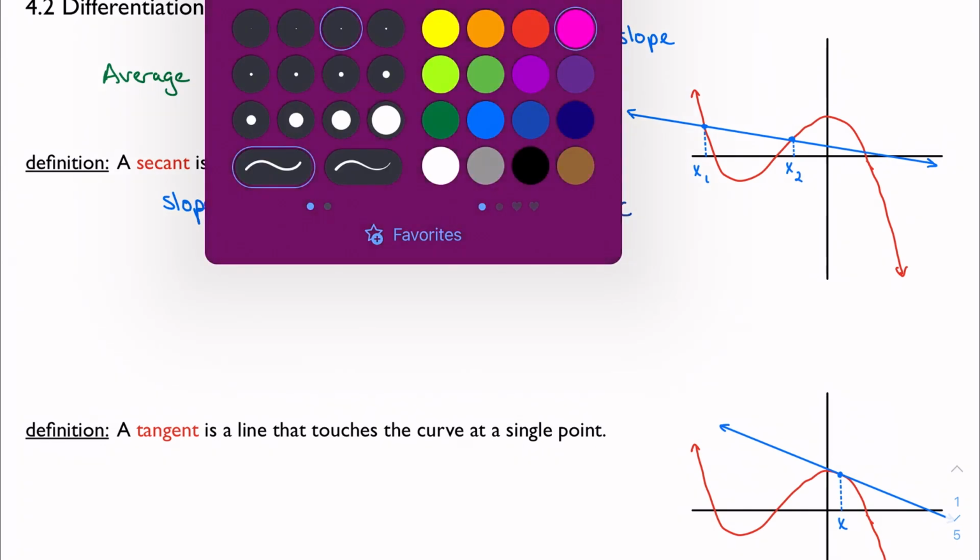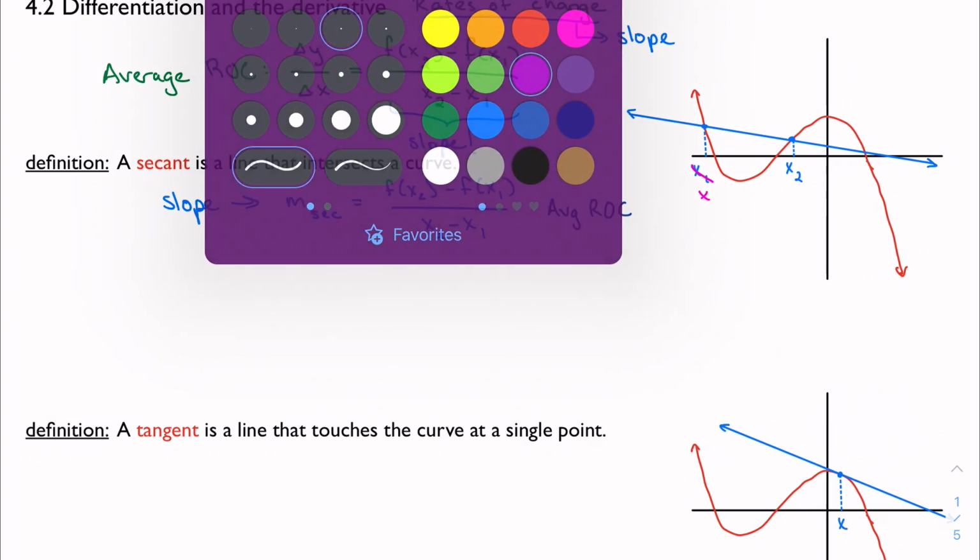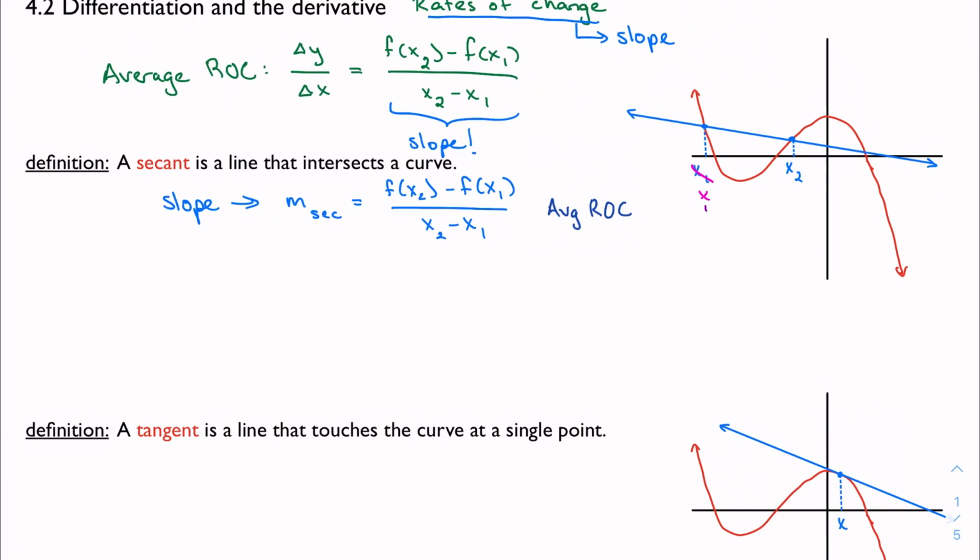Let's do something a little bit different here because it's going to set up what I want to do next. So instead of calling them x1 and x2, let's call one of them just x. And let's express the second point in terms of the first. So let's just say that the second point is going to sit h units away from x. So in other words, its location is x plus h units.